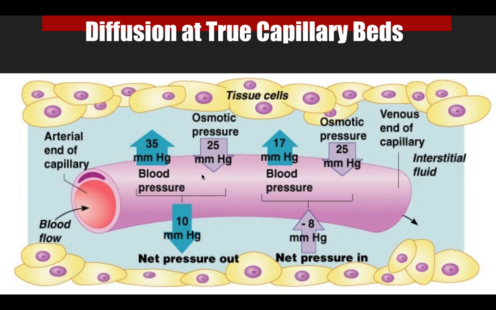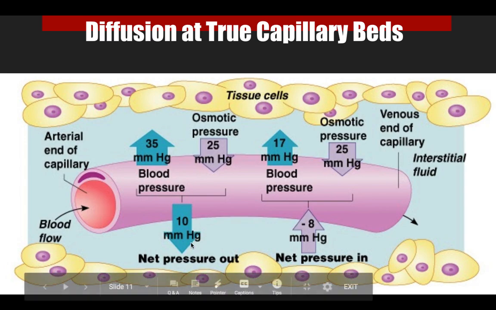You also have osmotic pressure that's pushing against the capillary. So osmotic pressure of gases and other materials that are dissolved into the surrounding fluids. But the pressure of the oxygen gas being carried by the blood is higher than the osmotic pressure pushing against the capillary.